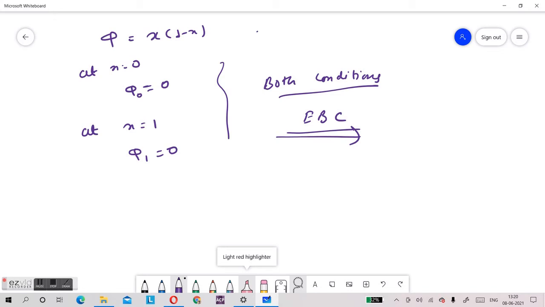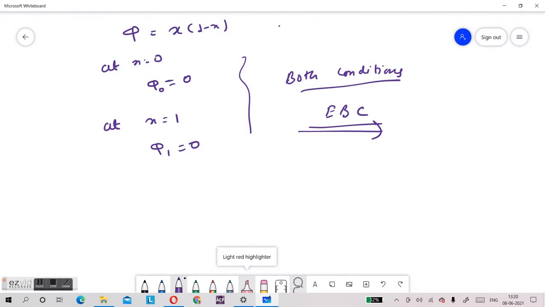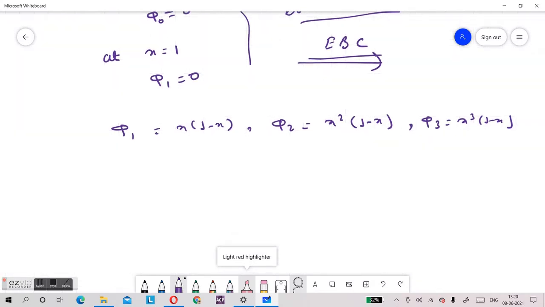So we choose phi as x(1 minus x), or we can take phi 1 as x(1 minus x), phi 2 as x squared (1 minus x), and phi 3 as x cubed (1 minus x). This is the way of taking it. For every term, at x equals 0, phi equals 0, and at x equals 1, phi equals 0.